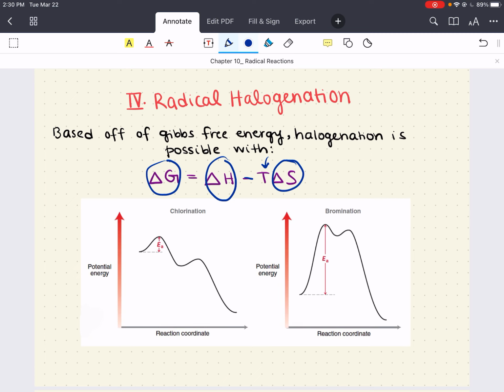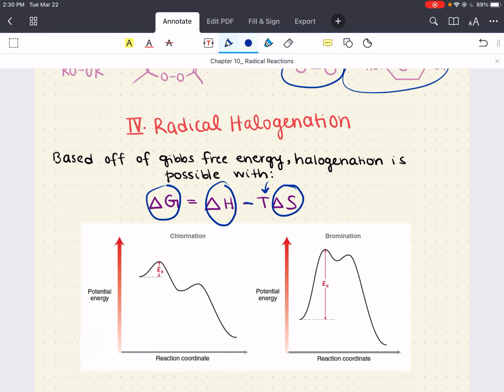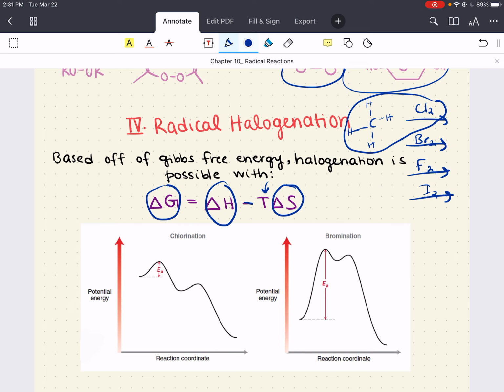Now, since we are taking two molecules, like we saw in chlorination, right? Methane and another molecule, whether it be Cl2 for chlorination, Br2 for bromination, F2 for fluorination, or I2 for iodination, we are starting off with two molecules and we're going to end up with two molecules. All right.